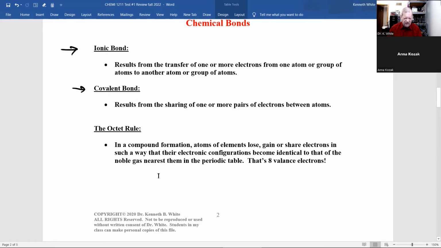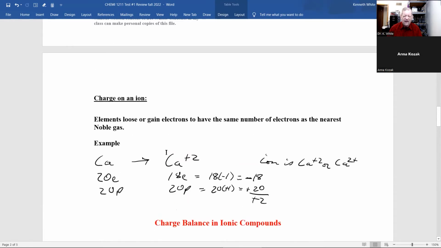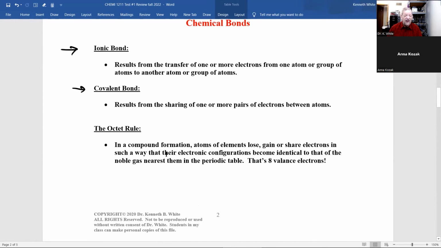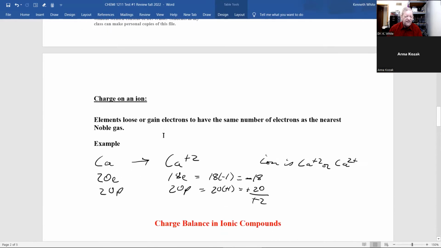That's the most stable. Now, when we talk about covalent and ionic bonds, if an atom loses or gains an electron, it forms an ion.